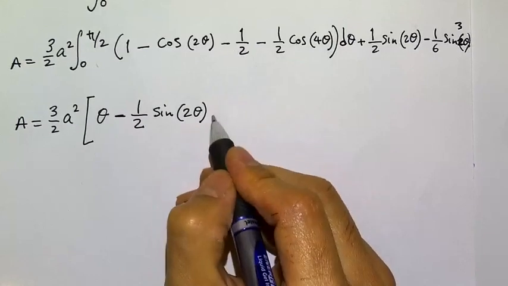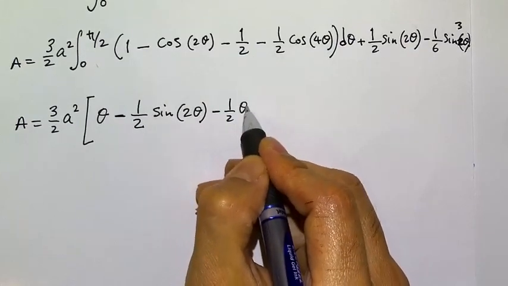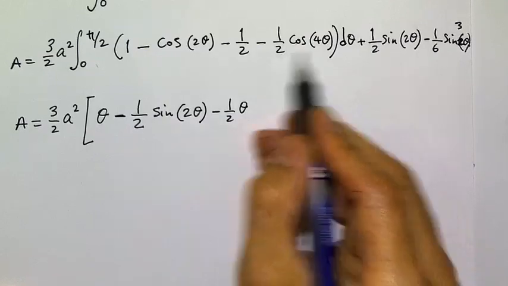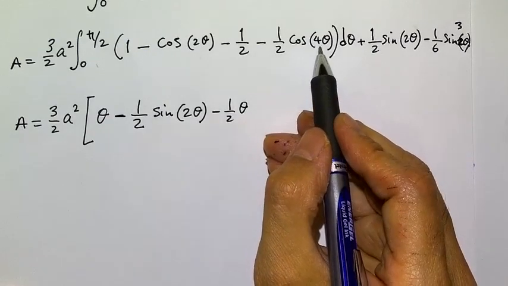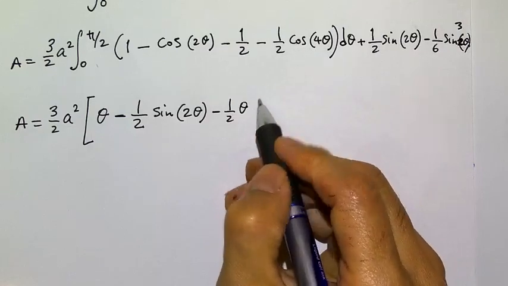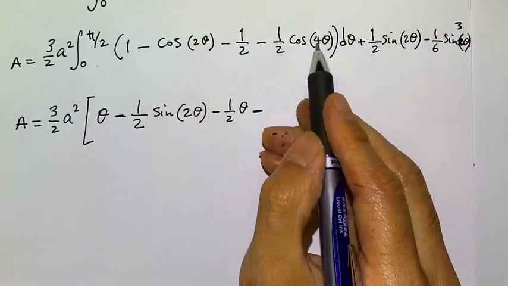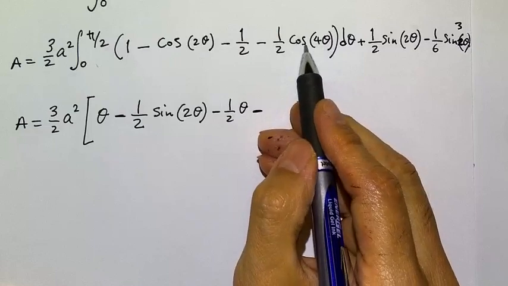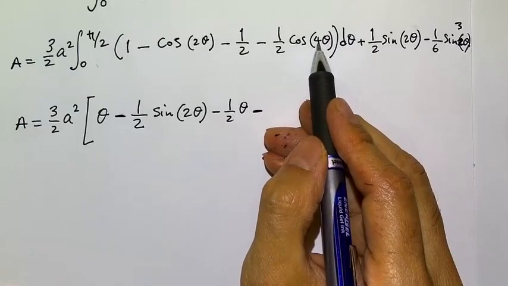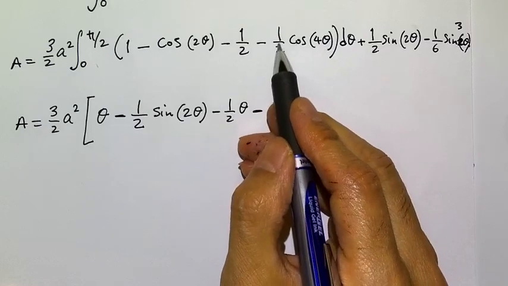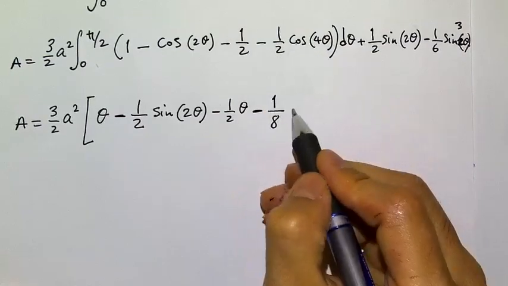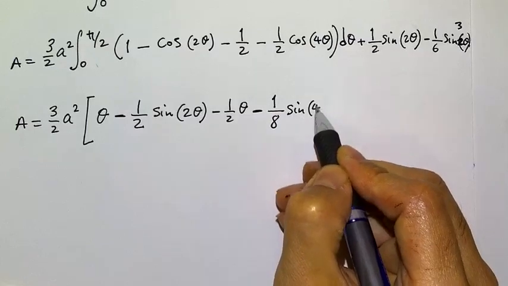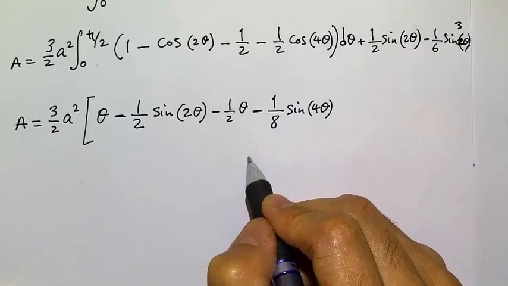Minus 1/2 becomes minus 1/2 theta. This term becomes, let's see, minus again because of this 4, so it will be sine 4 theta divided by 4, which would give us 1 over 8 sine 4 theta.